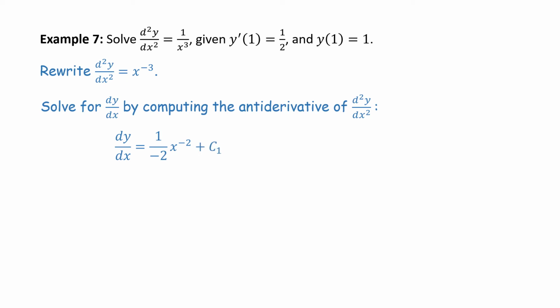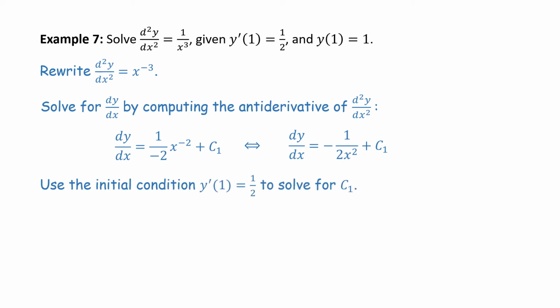I'm going to call it c sub 1. We can simplify it and say dy dx is equal to the negative of 1 divided by 2x squared in the denominator, plus c sub 1.